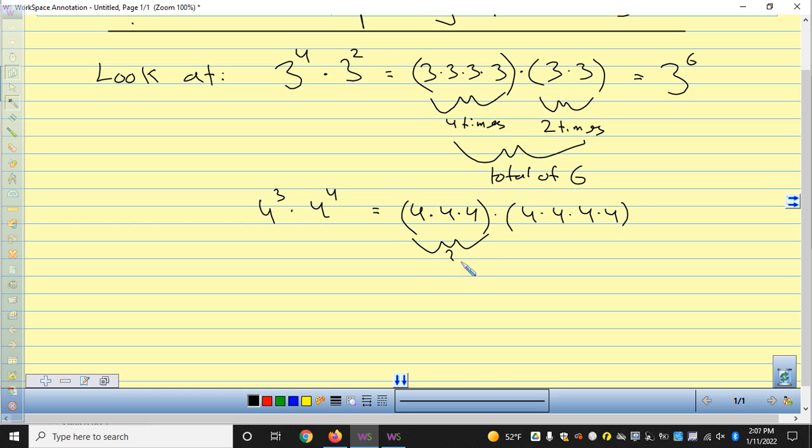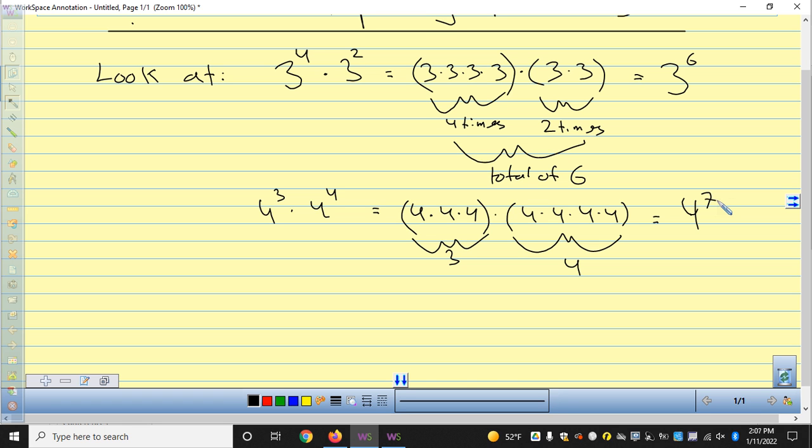Here we have 3 of them, that's what 4 to the 3rd means, and here we have 4 of them, because that's what 4 to the 4th means. And how many total do we have? 7. That's 4 to the 7th.